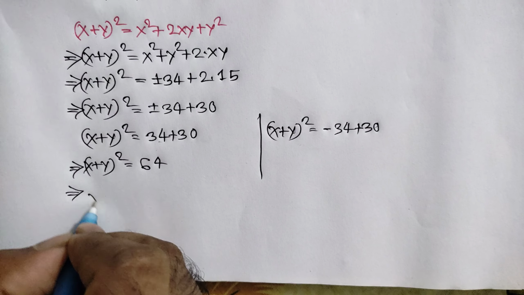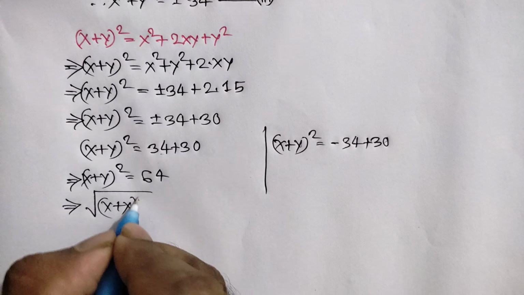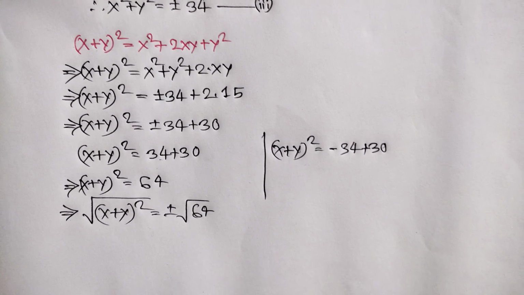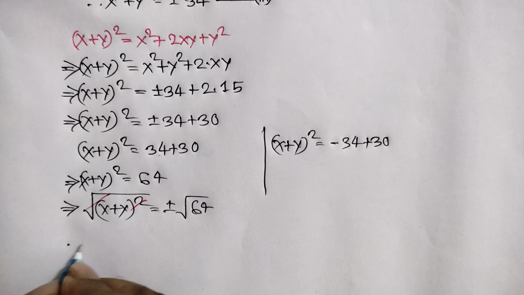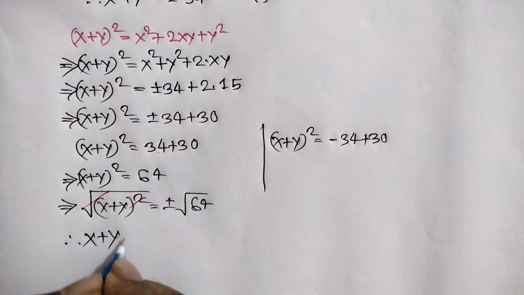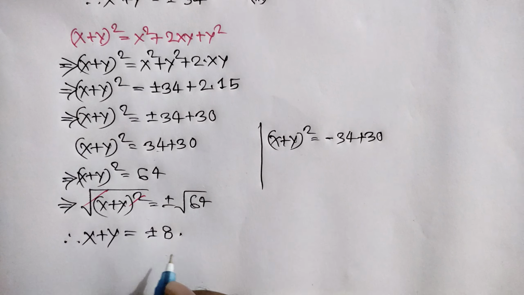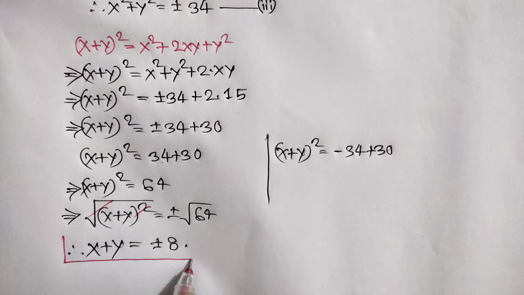Now taking square root on both sides, we can write square root of x plus y whole square is equal to plus or minus square root of 64. Now this square cancels out this square root, so finally we will get the value of x plus y is equal to plus minus 8. It is our first value of x plus y.